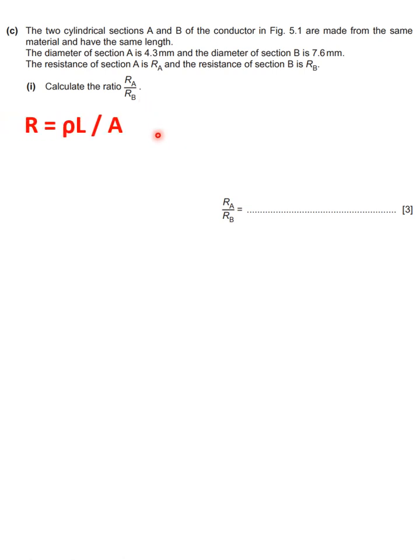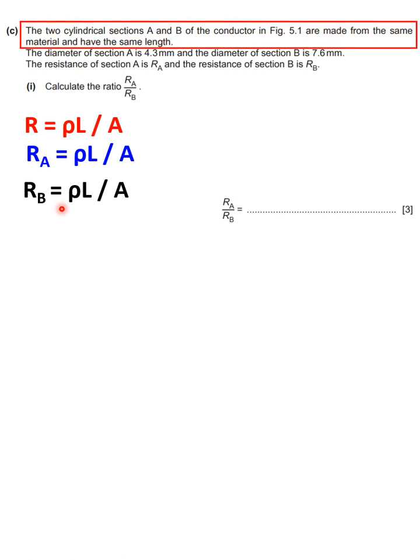I'm using the formula for the resistance of a wire, which is equal to the resistivity of the material times the length of the wire divided by the cross-sectional area. So this is the resistance of section A, and this is the resistance of section B. The question is saying that both conductors are made of the same material and have the same length.